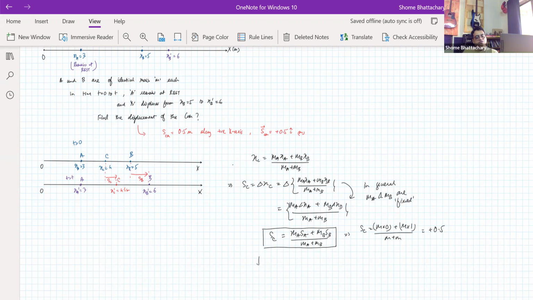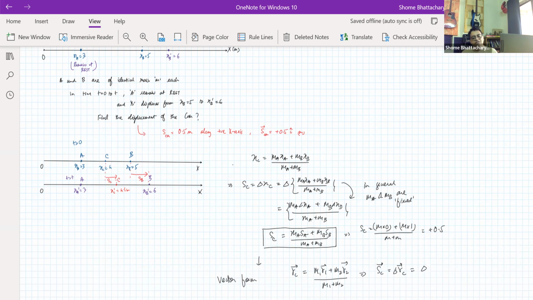So the general vector formula here we can write like this: position vector of center of mass for a two-particle system. Displacement is defined as change in position.